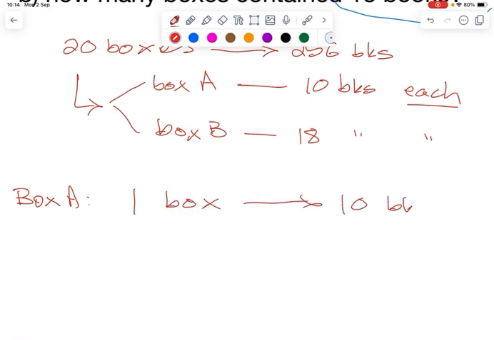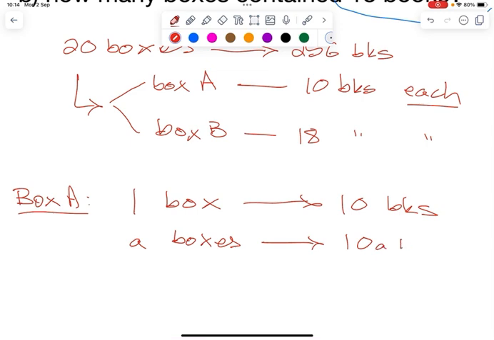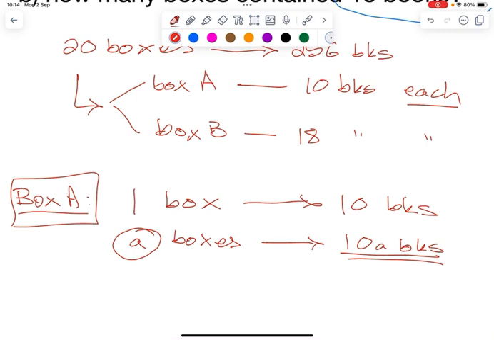Correct or not? And if we have A number of boxes of box A, that will be 10A books. You agree? That means the total number of books in box A will be 10 times A books, right?